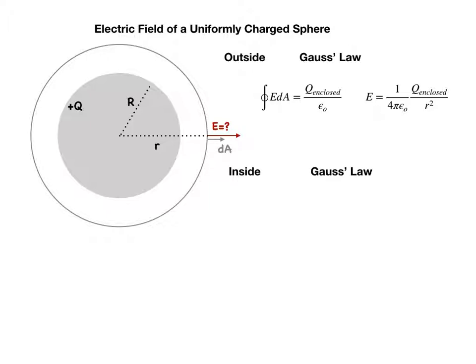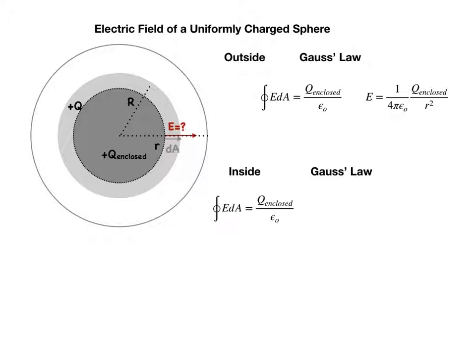Things look a little bit different, however, when we go inside and ask the question, what will be the electric field if little r is actually less than big R? In other words, what happens if we're inside the sphere at the distance r? Well, we'll repeat the steps again, only now our Gaussian sphere will have a radius smaller than the physical radius big R, so we're inside the sphere.